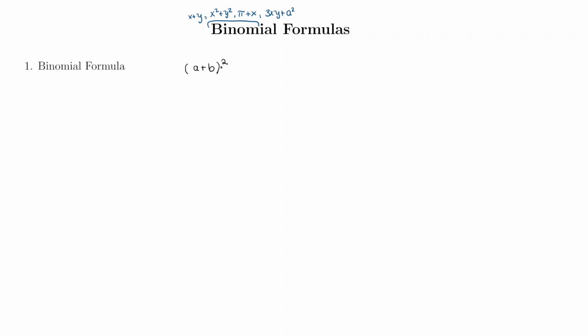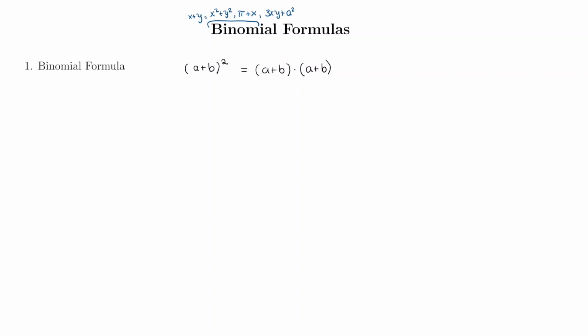A plus b, we see our binom, and I said the binomial formulas deal with a product of two binomials. And this is exactly what we have, because (a plus b) squared is the same as (a plus b) times (a plus b).